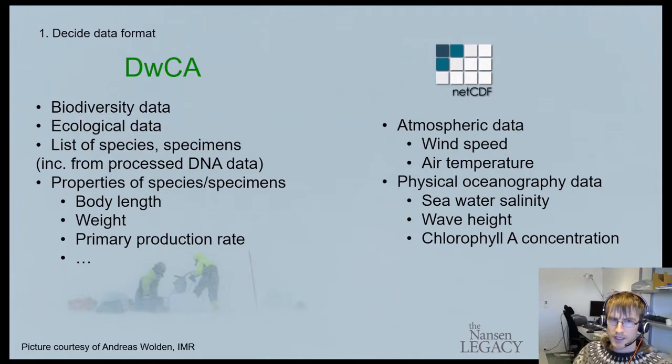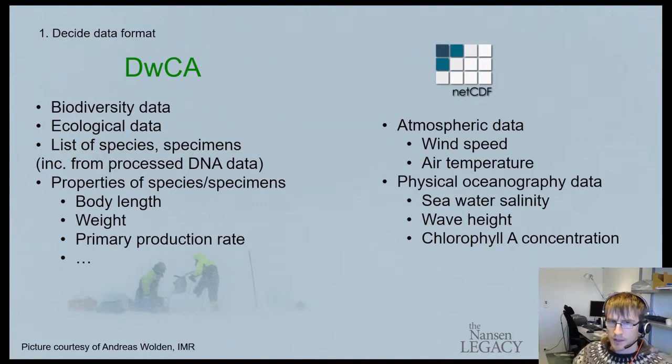NetCDF was originally designed to store atmospheric data, but this has been expanded into the world of physical oceanography. This does also include some data that biologists are interested in, like chlorophyll A measurements, which is more of a physical property than related to an individual species.